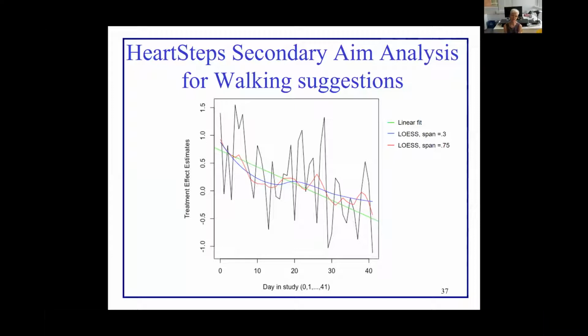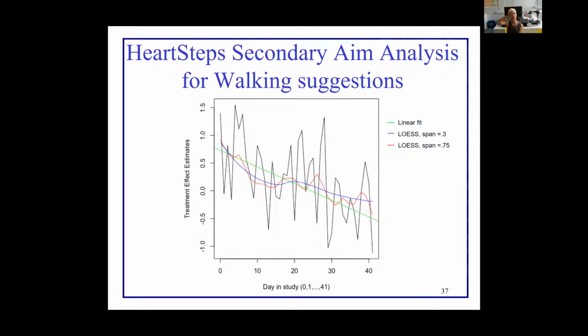And instead of the randomization probabilities being 0.6 and 0.4, we have an algorithm that's going to back off, reducing the probability of providing an activity suggestion if the effect starts to deteriorate. And the idea is if we can get people to dishabituate, then maybe they'll be able to once again benefit from the messages. And it's all because of this analysis.